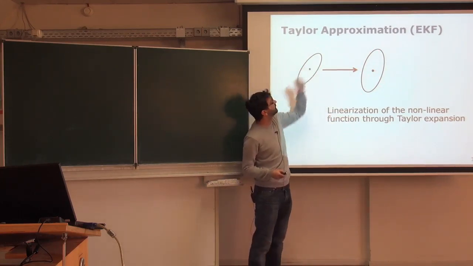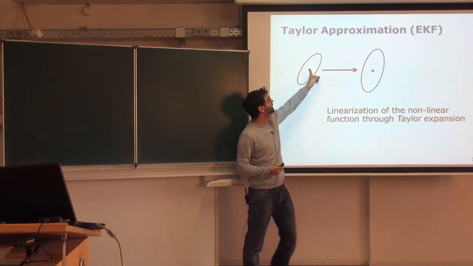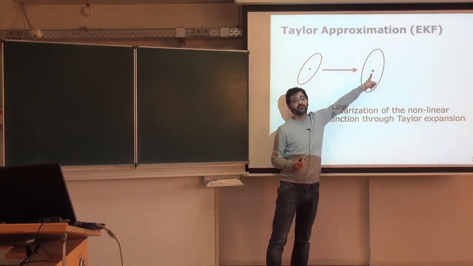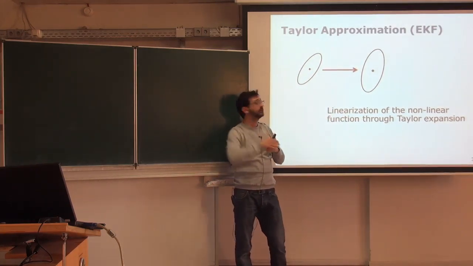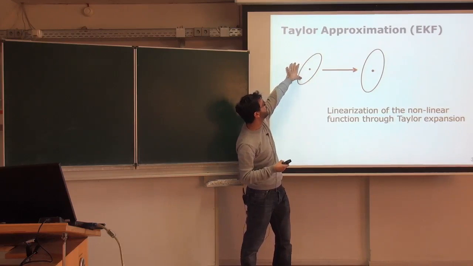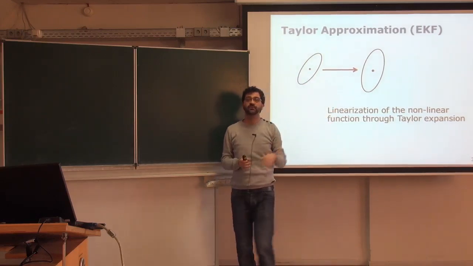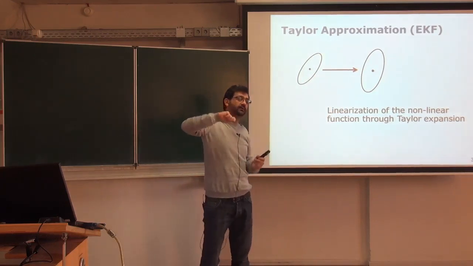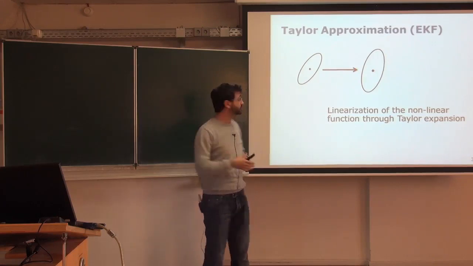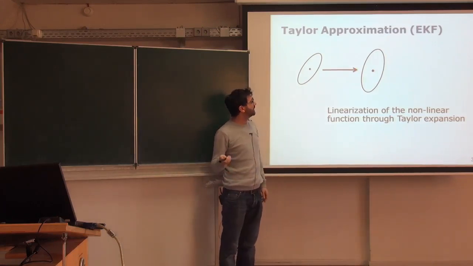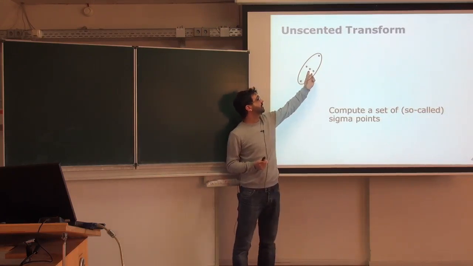The way the EKF does it is it considers this point, propagates it through the function, finds a linear approximation of the function, so the tangent line, and then does a linear error propagation of the covariance. These are the formulas we've seen last week, where you do the Jacobian times the covariance matrix times the Jacobian transpose.